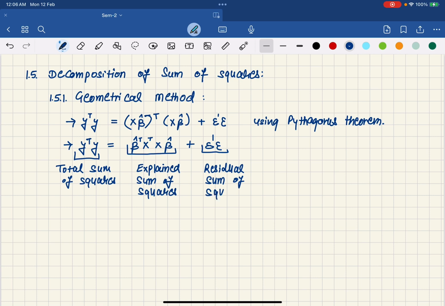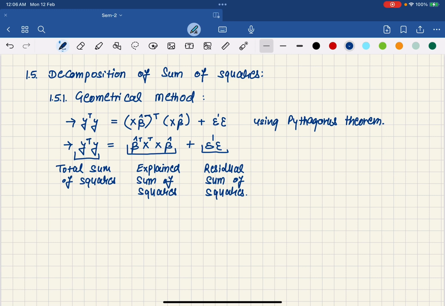Right? So what this equation is saying is that the total sum of squares of your y vector is your left hand side.